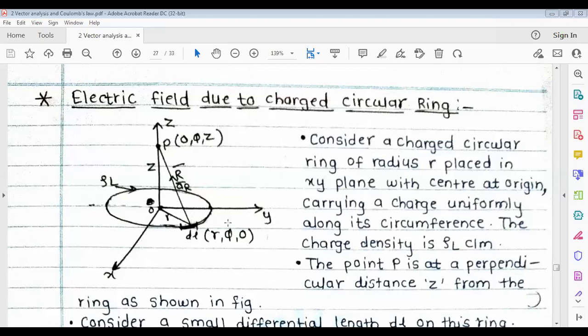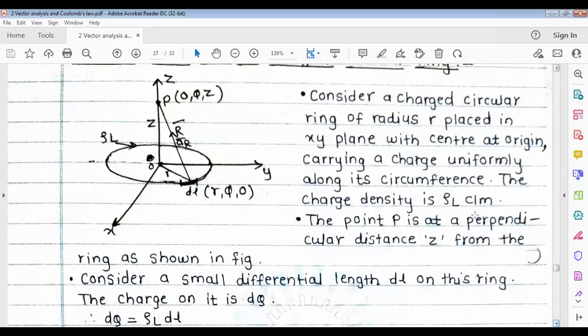E bar is equal to Q upon 4 pi epsilon naught r square into a bar r. Correct. So we have to use this equation.